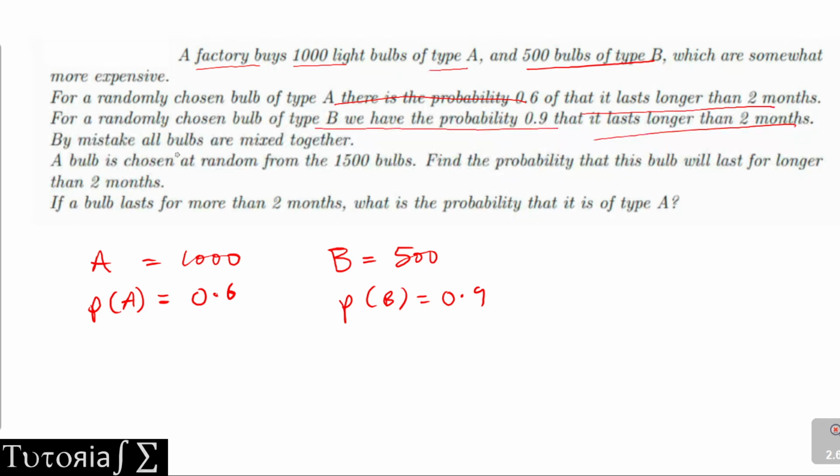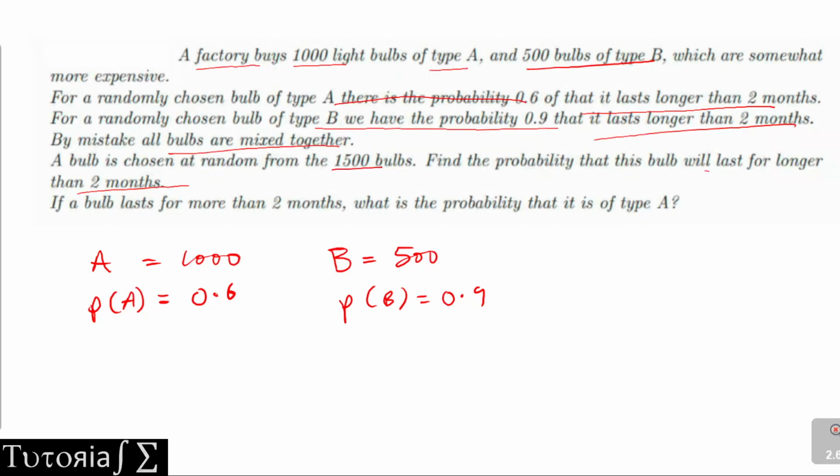By mistake, all bulbs are mixed, so together that is 1,500 bulbs. A bulb is chosen at random from the 1,500 bulbs. Find the probability that the bulb will last more than 2 months.